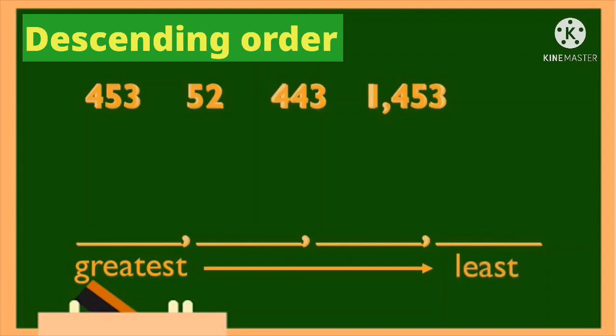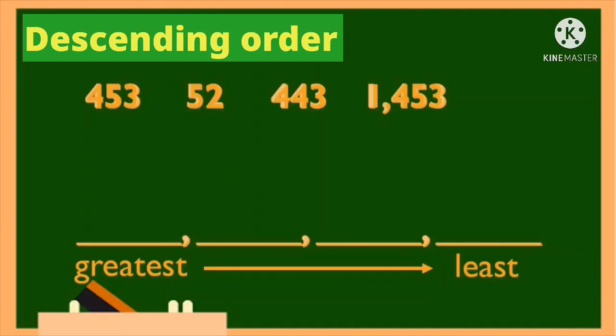So if we have 4 numbers here, the first thing we need to find is the greatest number. As you can see here, we have 4 different numbers with different numbers of digits also, right? So it's easy to find which number is the greatest.